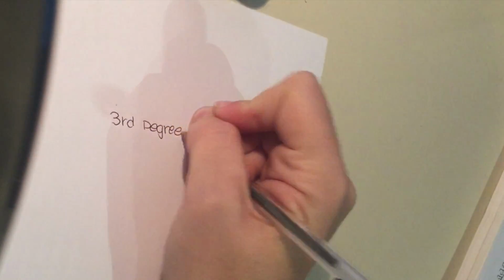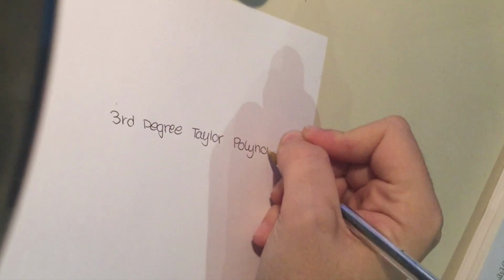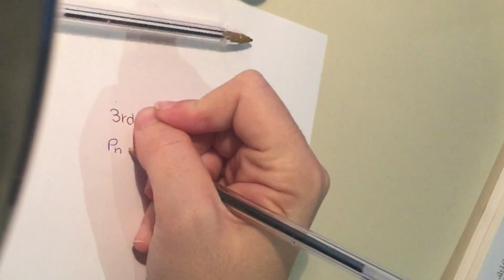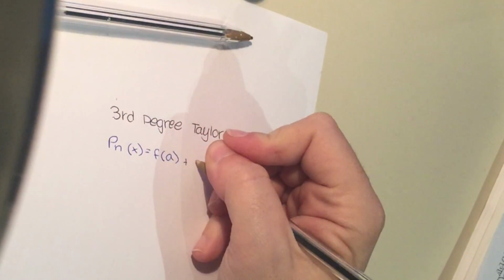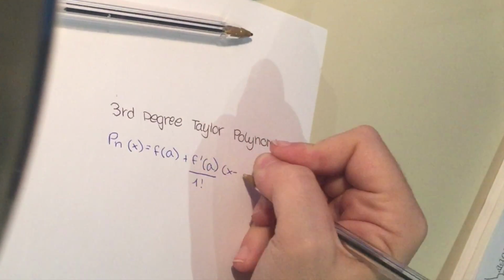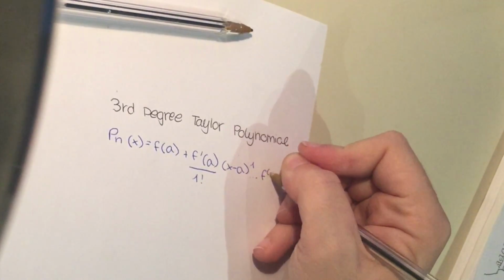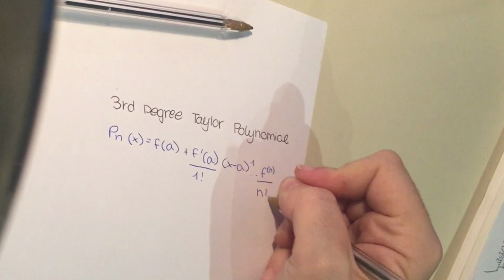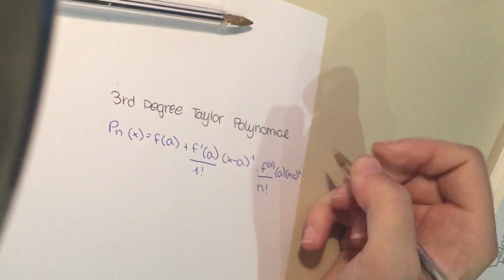Okay, so then to find the third degree Taylor polynomial, we would use the formula, which is f of a plus f dash of a over 1 factorial times x minus a to the power of 1 plus f to the power of n over n factorial times x minus a to the power of n.